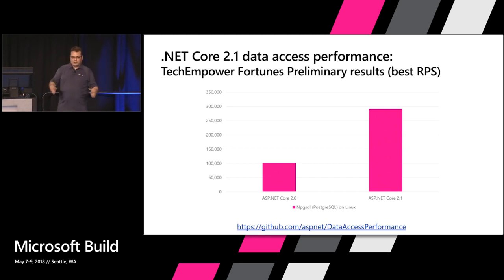And we have been working on trying to make .NET Core really shine on database access benchmarks and just make it faster, not only for the benchmark, but for everyday use. And these are preliminary results from a run that is happening right now.